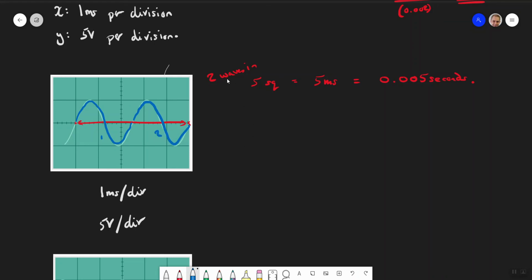So if I've got 2 waves in that time, that means I've got 1 wave in 0.005 over 2, so that's 0.0025 seconds. Frequency is equal to 1 over 0.0025, and that gives us 400 hertz.